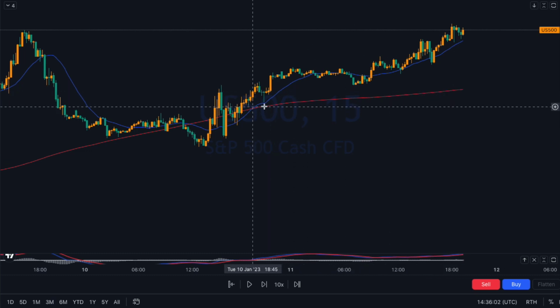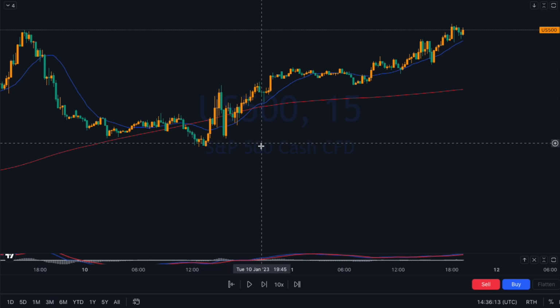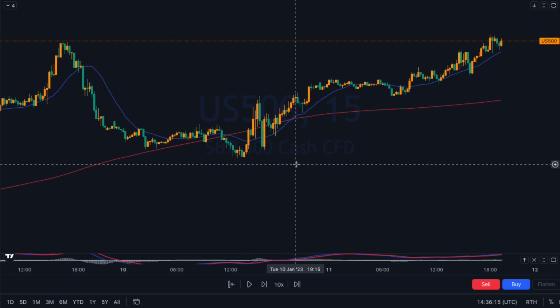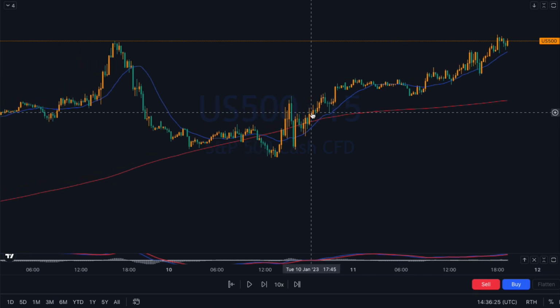Okay, so we're going to be using those two, as well as resistance, support levels, and all the other additional trend lines that I see and spot, and I'll be using that to guide me also. But I'm going to be restricting myself only to the 15 minutes, so I will not be going to a higher time frame to get the overall direction. It's only the 15 minute that we're going to be using to help me figure out exactly what is happening and how it's happening. All right.